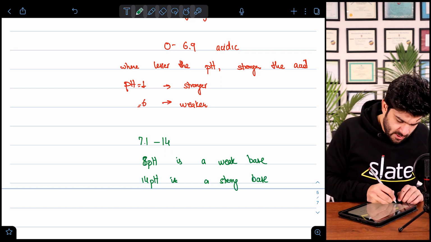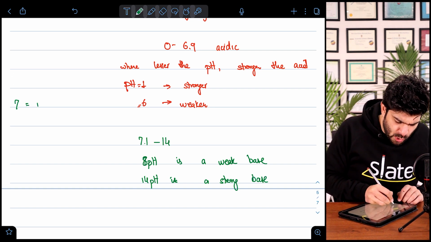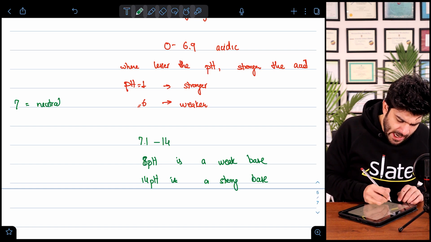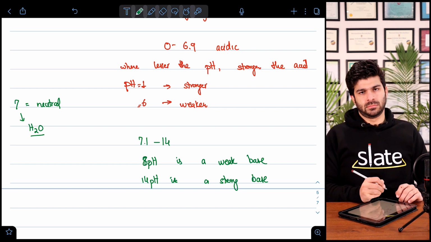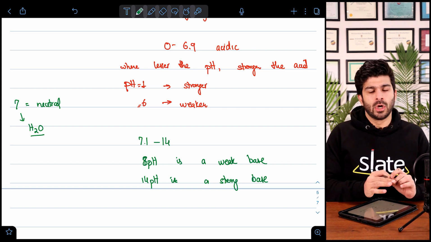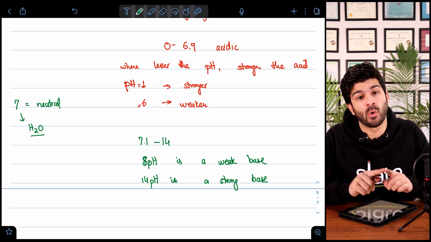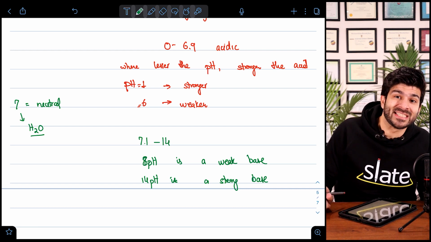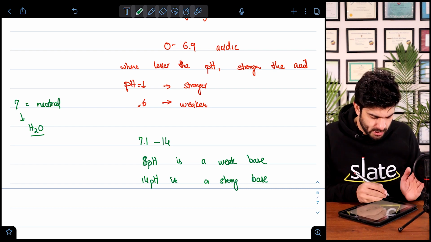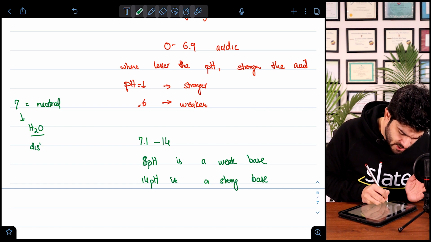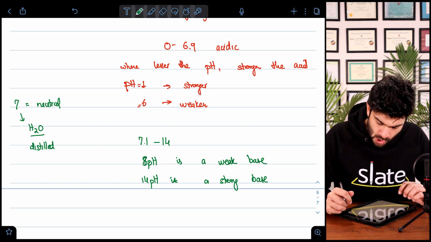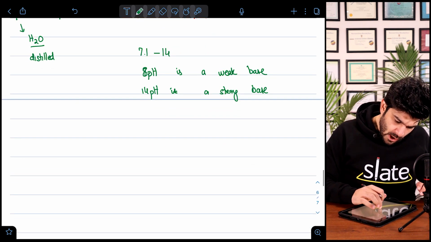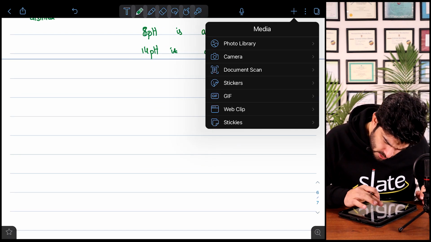And what about 7? 7 is equal to neutral. And the example for 7 is water. Water is neutral. Not the rainwater, not the drinking water. Drinking water is alkaline, rainwater is acidic, but distilled water that we use in labs, so that it doesn't change the pH of the solution. So now, let's see a pH chart.